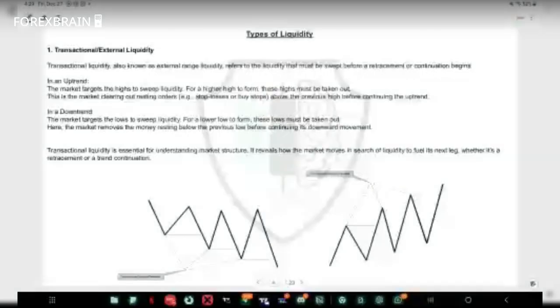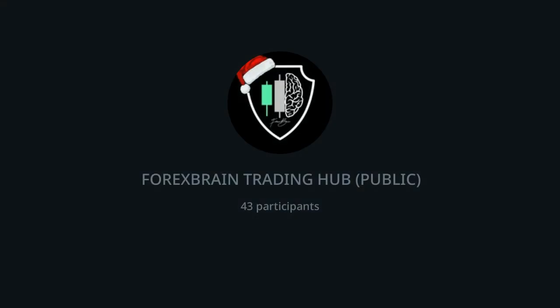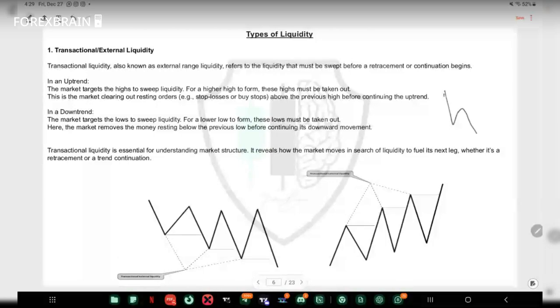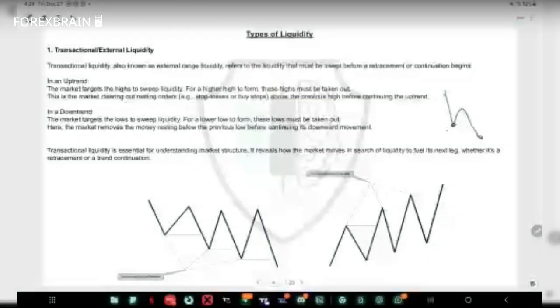So the question is, what is transactional liquidity? Transactional liquidity, also known as external range liquidity, refers to the liquidity that must be swept before a retracement. That is, if we are in a bearish trend, for example, like this, all the lows, they are what? Transactional liquidity, because they must be taken, even if any retracement will take place. Do you understand?